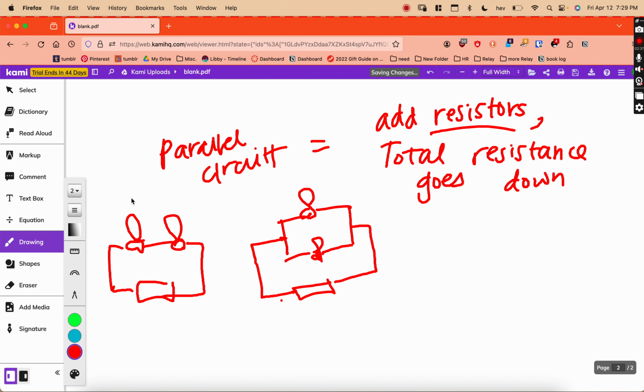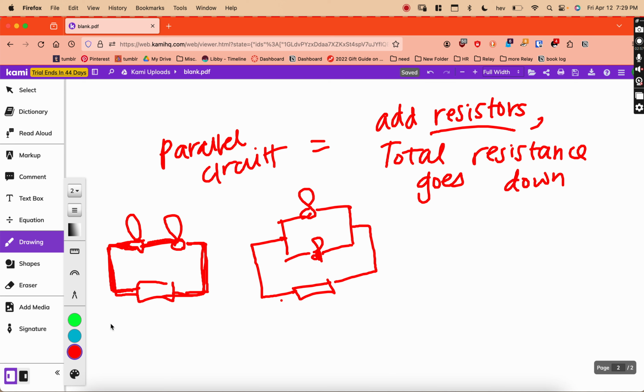Here, when you add a resistor, here, it still has to go through this in order to pass through. Right? So you need to pass through this, and then you have to pass through this, and then you have to go around.